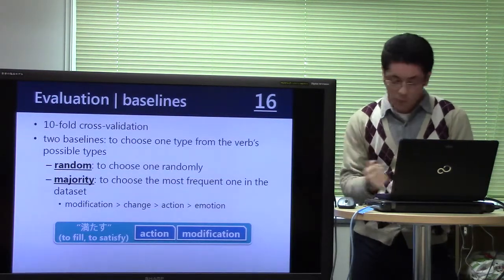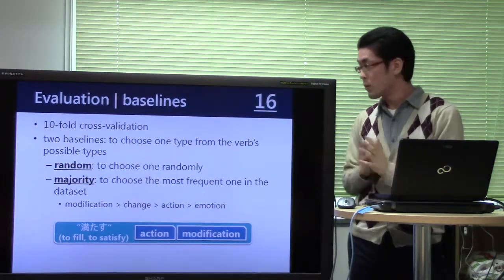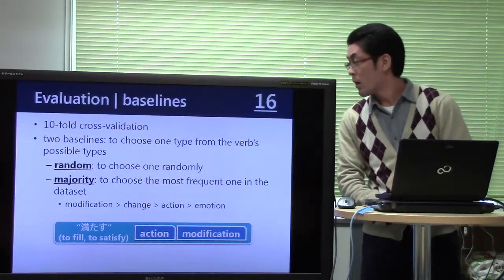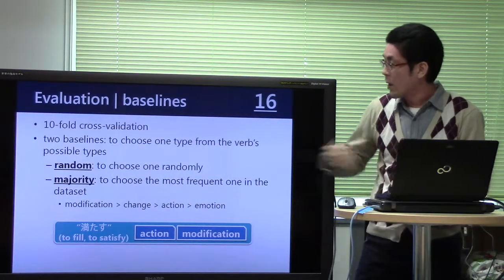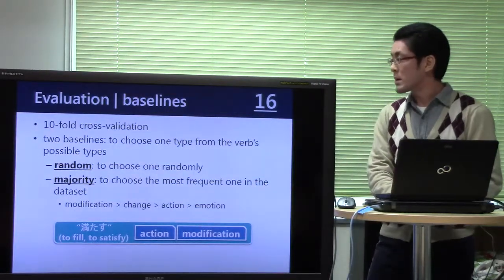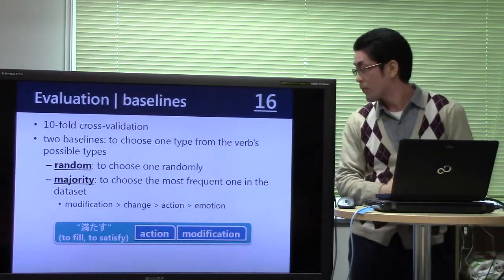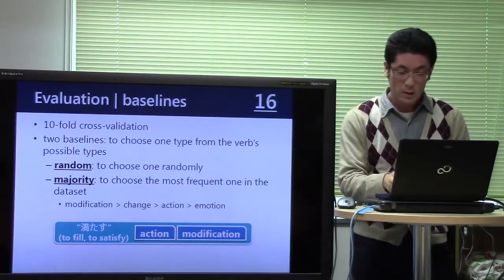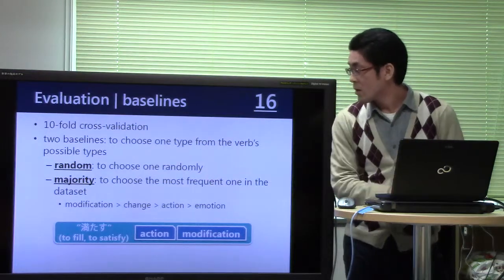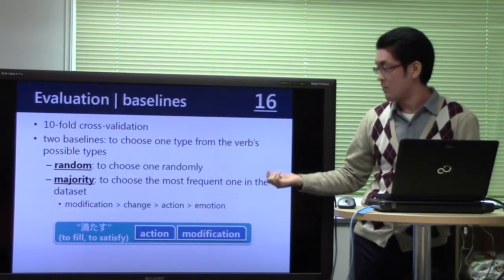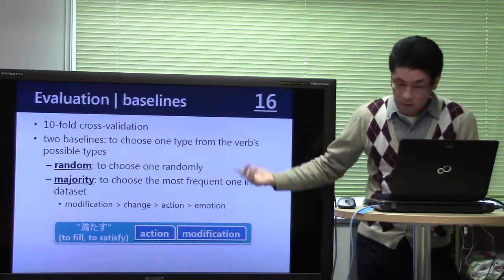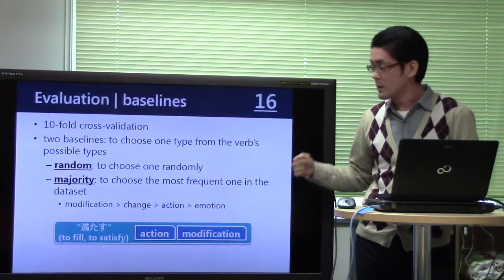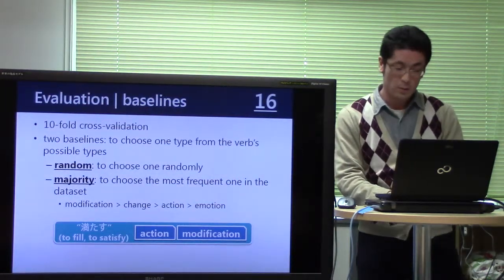And we compared the disambiguator with two baselines using tenfold cross-validation. The two baselines are random and majority. Baselines choose one type from the verb's possible types. The first baseline, random, chooses one of them randomly, and the second baseline, majority, chooses the most frequent one in the dataset.